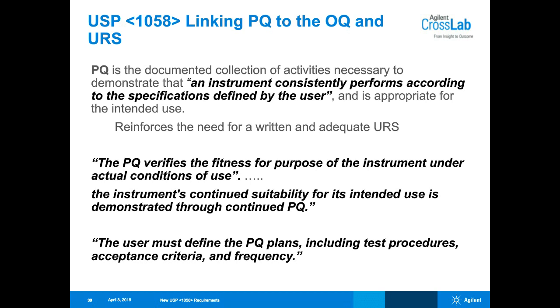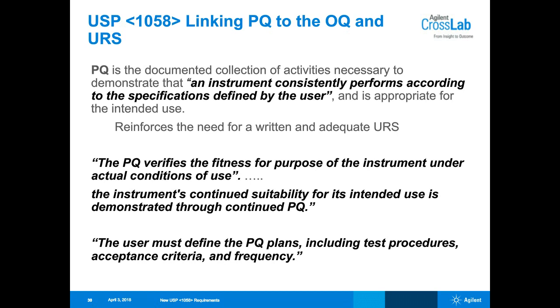This reinforces the message for a user requirements specification, which you'll all have, won't you? And is appropriate for its intended use. The PQ verifies the fitness for purpose of the instrument under actual conditions of use, and its continued suitability for intended use is demonstrated through PQ, continued PQ.